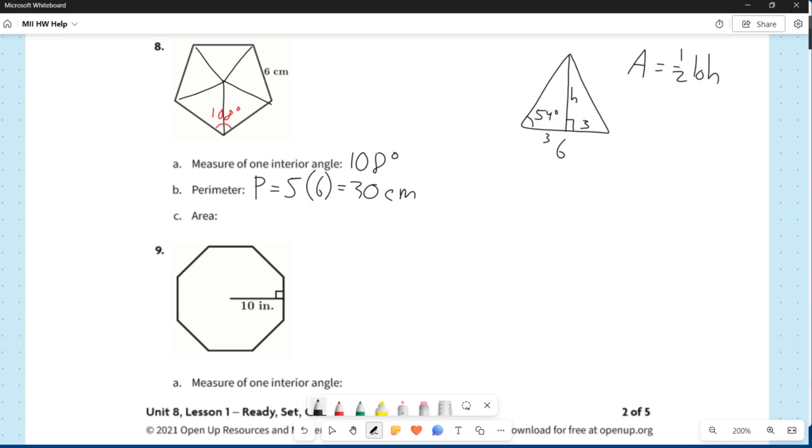So that base angle of this isosceles triangle, it's isosceles because each of the lines that we originally drew in the pentagon, they're all congruent to each other. So what that means is that this is congruent to this. So this is an isosceles triangle. So the base angle is 54. And what we have here is a right triangle, and we know one of our side lengths.